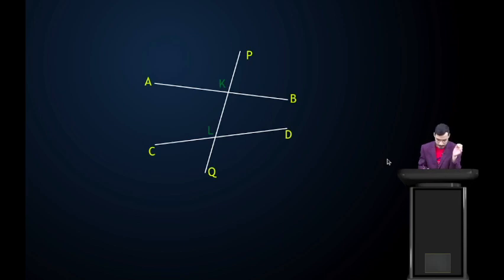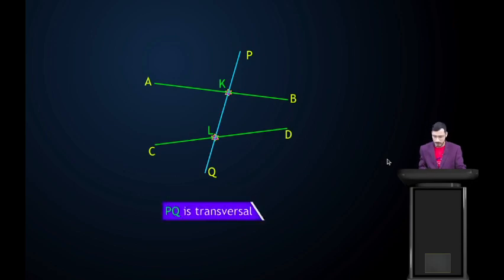PQ intersects AB at point K and PQ intersects CD at point L. So PQ is a transversal line here.